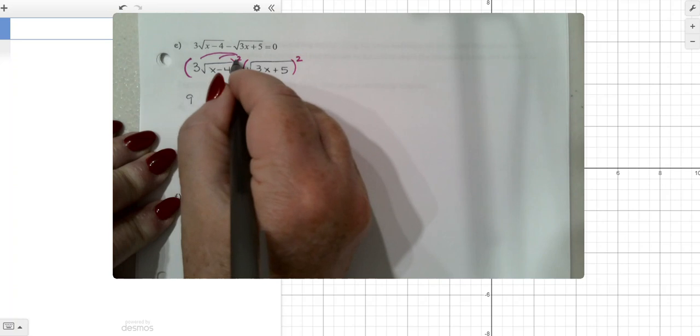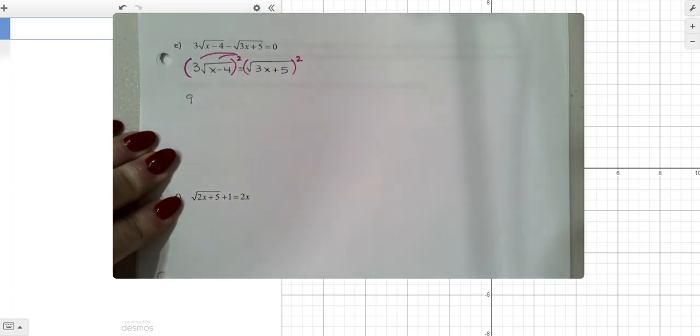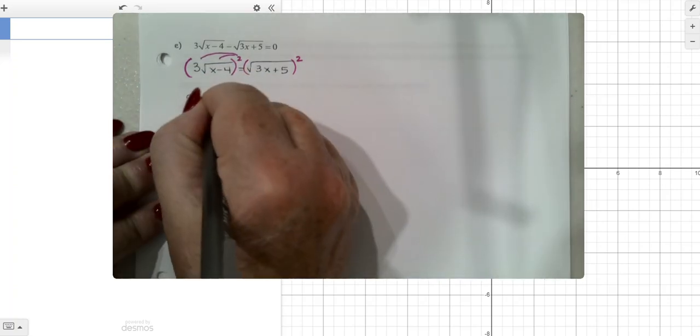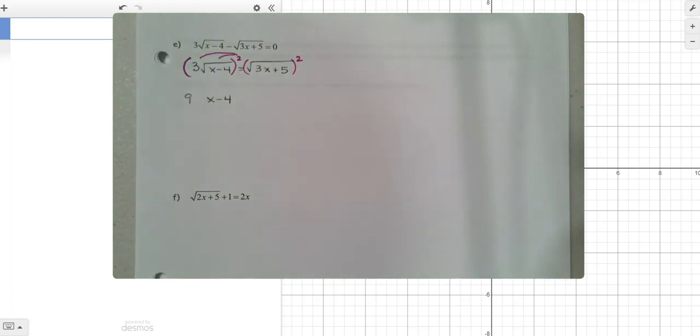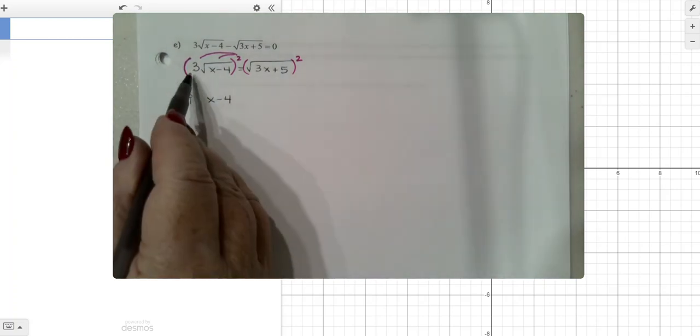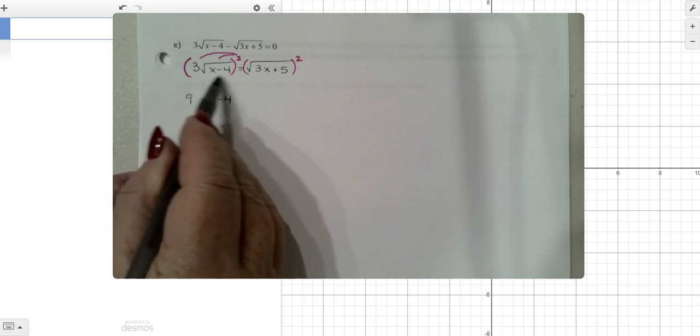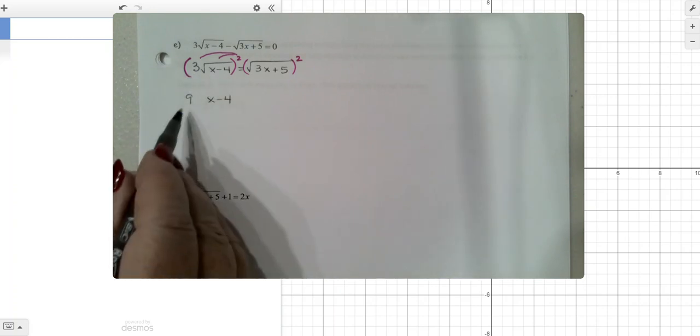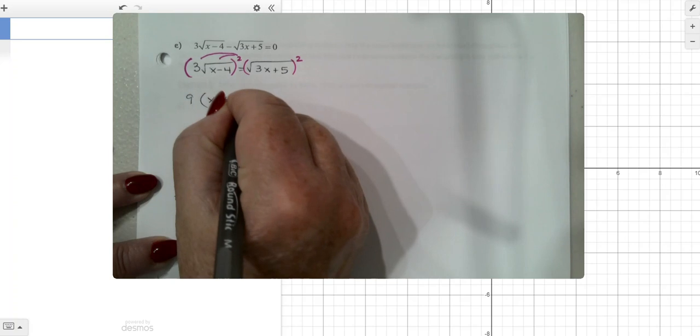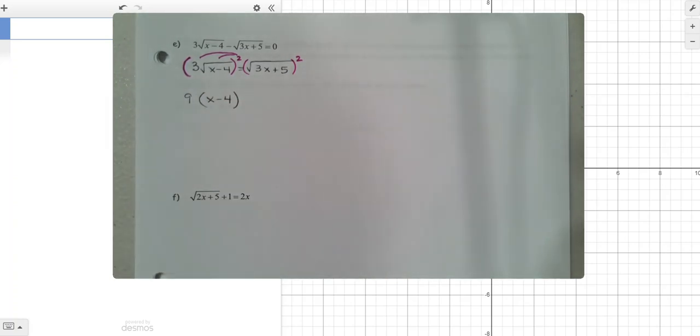And then when I square the square root, those are inverse functions, so it just gives me x minus 4. But be very careful here. Just like the 3 multiplied the whole radical, this 9 has to multiply the entire x minus 4. Those parentheses are essential.